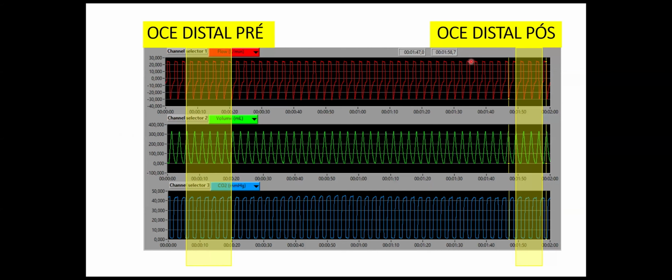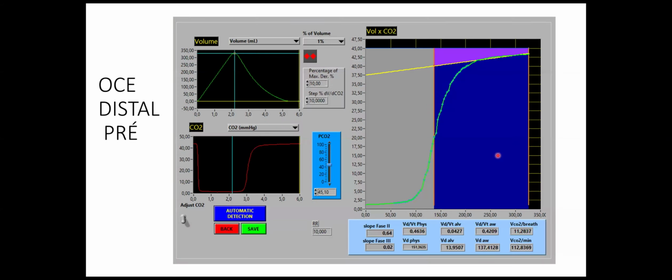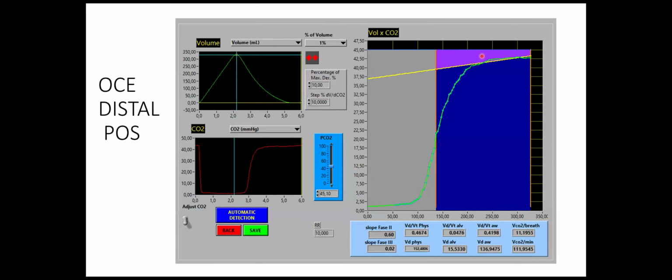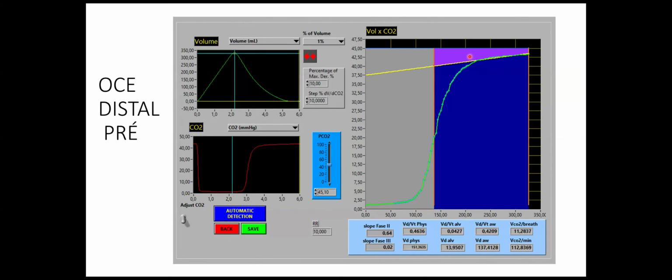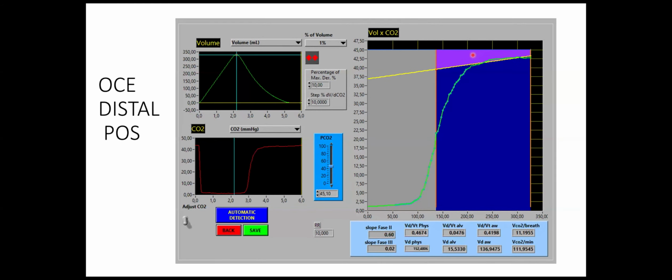And then we did also some distal occlusions. Then the change in the end-tidal CO2 is more modest. And the change in the alveolar dead space is also modest, almost imperceptible, you see?